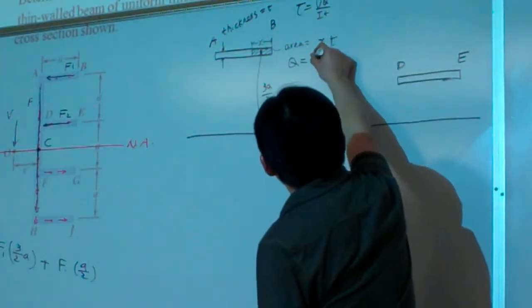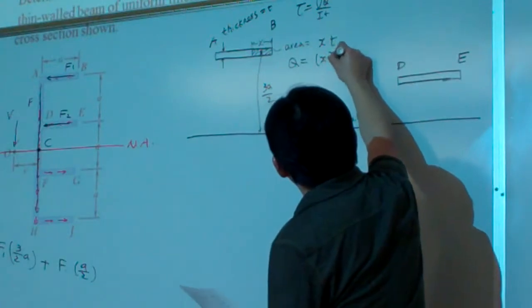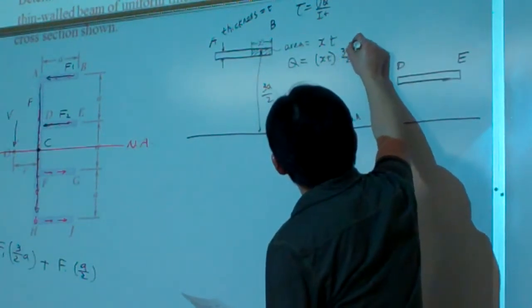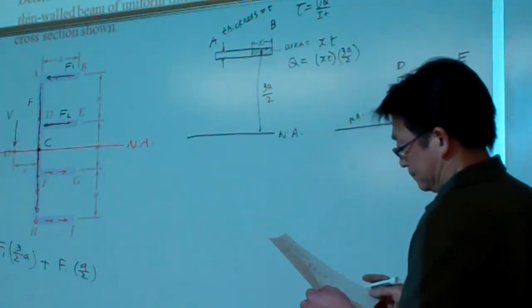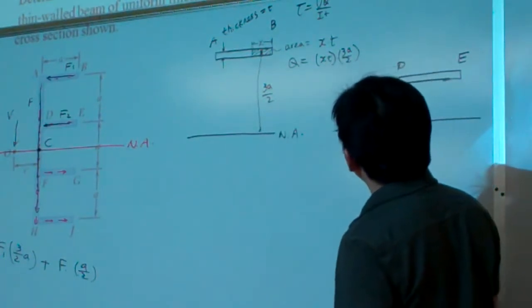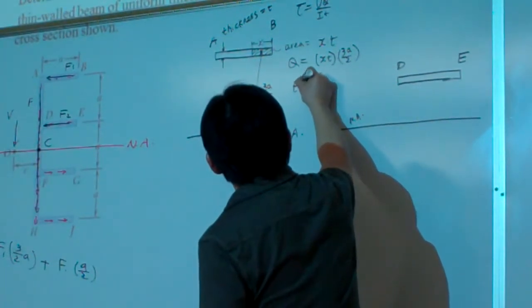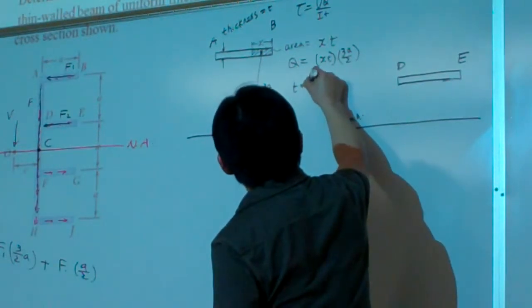So Q equals area times 3a over 2, and t will be our thickness.